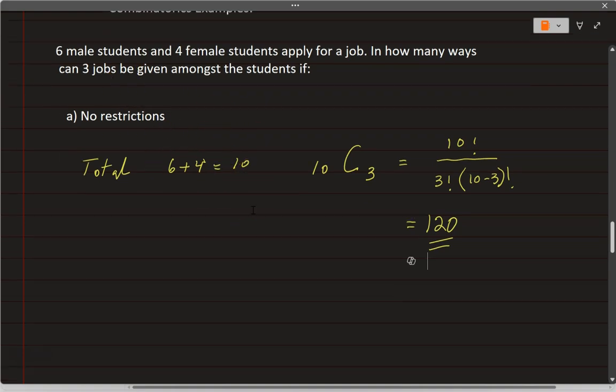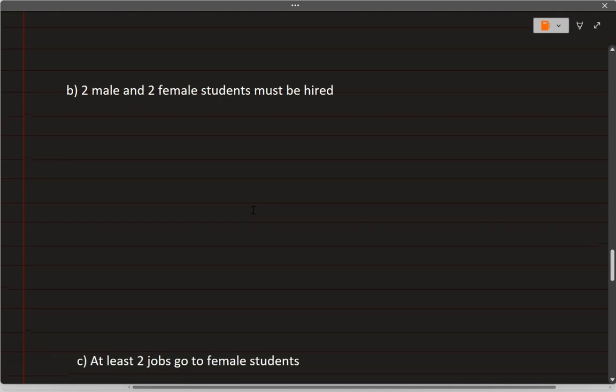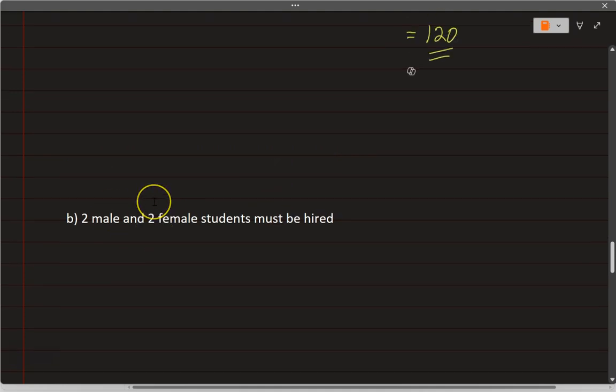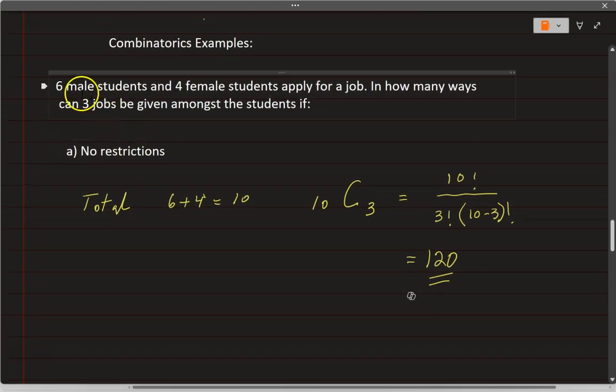Okay, let's look at the next question. 2 males and 2 female students must be hired. So that's the restriction that we have. Well, in this case, we have how many total male students? 6, and we have a total of 4 female students.